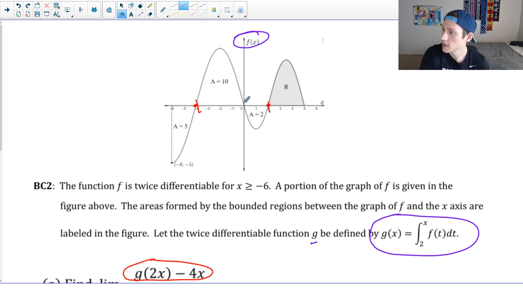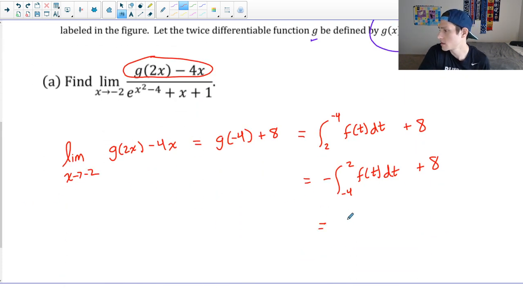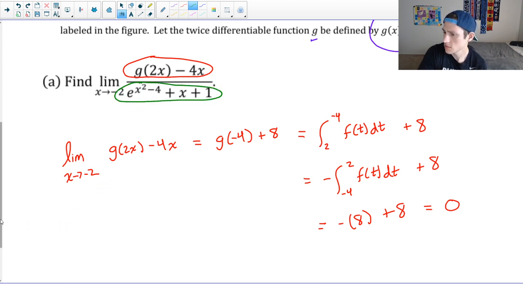So +10 plus -2 is 8. So we have -8 plus 8, because this negative was out in front here. Well, -8 plus 8 is 0. All right, so that's interesting. That makes me wonder if I'm going to get 0 whenever I do this bottom limit as well. All right, let's see.